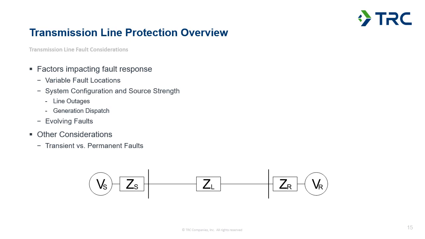And then, as we saw, we also have evolving faults, and we need to think about how our protection systems are going to respond to those. One of the other considerations is how long that fault is going to last. There are certain failure modes that are transient in nature, something like a lightning strike.